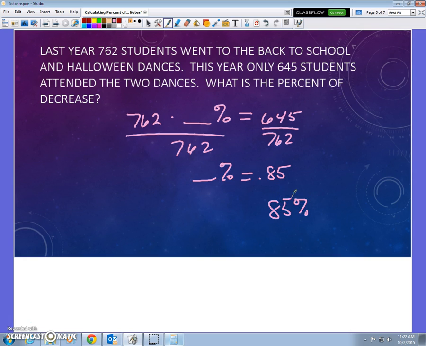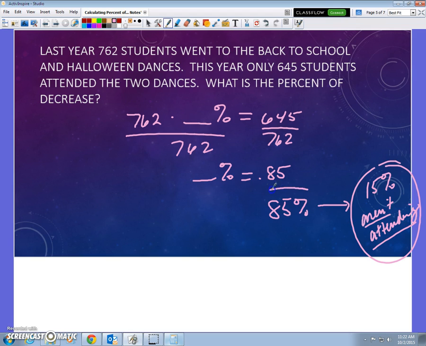So now this is a tricky part where I don't want to lose anybody. That means 85% of last year's students are there. That means that 15% of the students aren't attending. So the percent you're getting here is the percent of last year's compared to this year's.